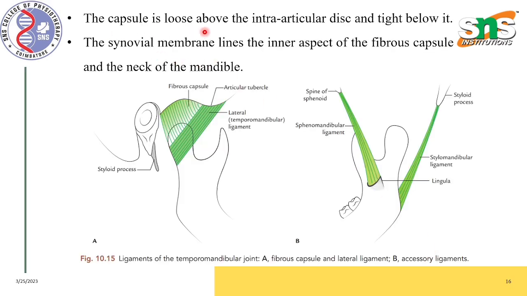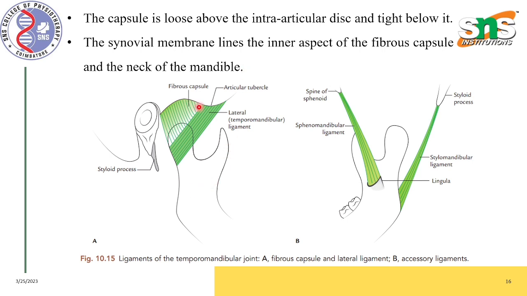The capsule is loose above the intra-articular disc and tight below it. So above the intra-articular disc, the upper part of the capsule will be loose and the lower part of the capsule will be tight in structure. The synovial membrane lines the inner aspect of the fibrous capsule and the neck of the mandible.